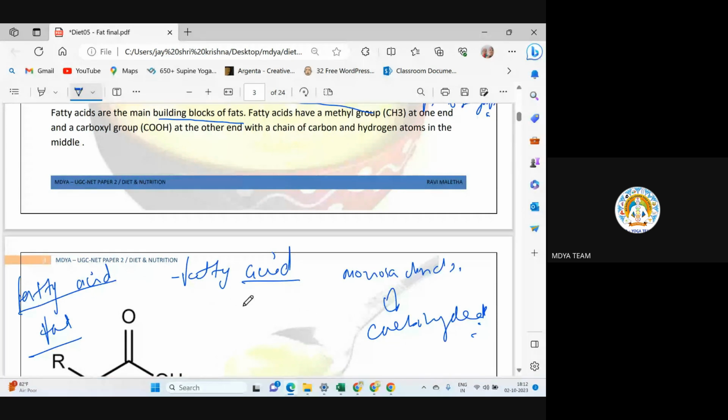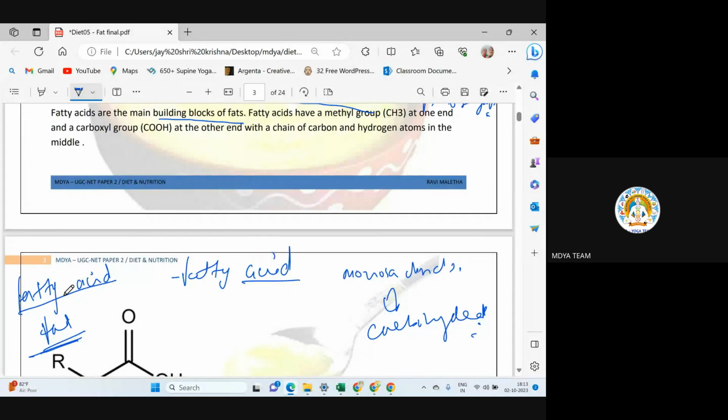Similarly, when amino acids form protein, in a protein molecule only amino acids are present, but this does not apply to a fat molecule. A fat molecule is made up of fatty acid as well as many other substances, and these substances are different according to different types of fat.